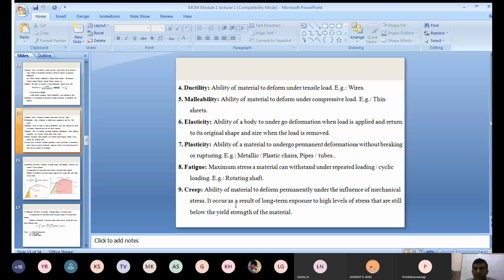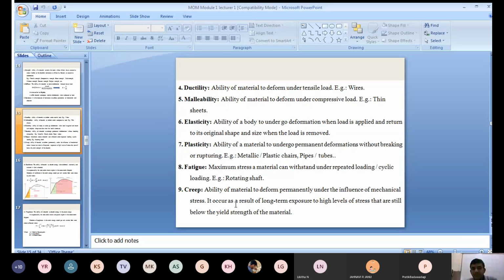Malleability: the ability of material to continually deform under compressive load, becoming sheets, right? Elasticity: the ability of material to undergo deformation when load is applied, and when you remove the load, it comes back to its original shape and size. Plasticity: permanent deformation. When you apply a load, it undergoes permanent deformation, and when you remove the load, it will not come back to original shape and size.